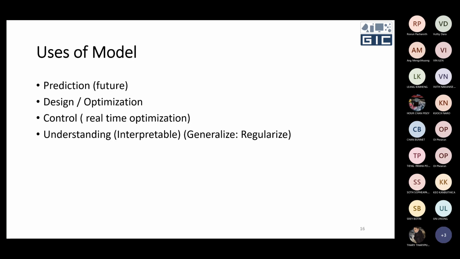But if you make it in a regular and standard way, you generate understanding for humans to interpret: okay, these four strings produce electrical power to our machines and these four strings transfer the data to our machine. So this is the use of a model in our dynamic system.